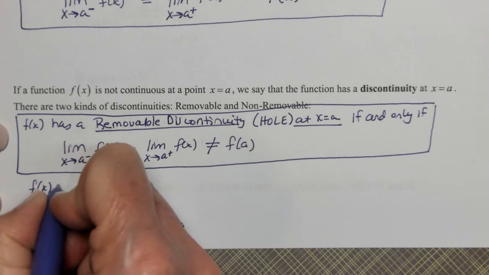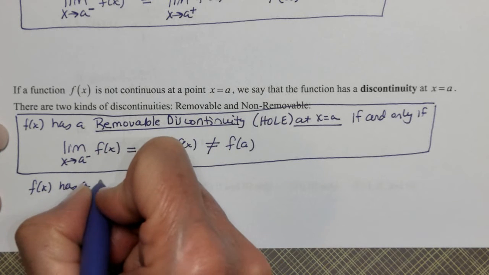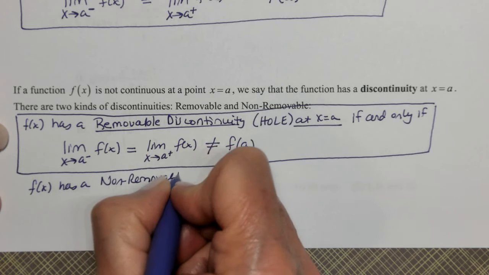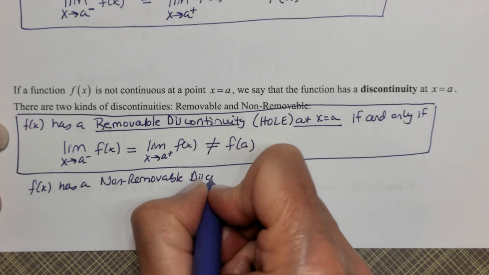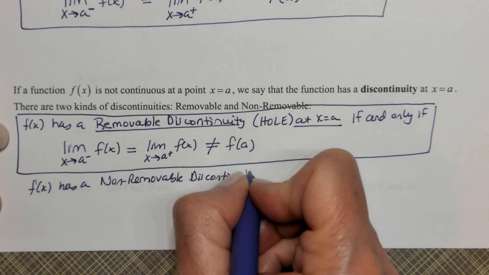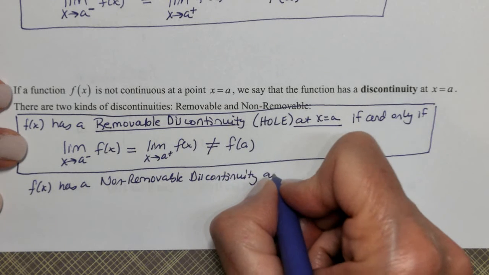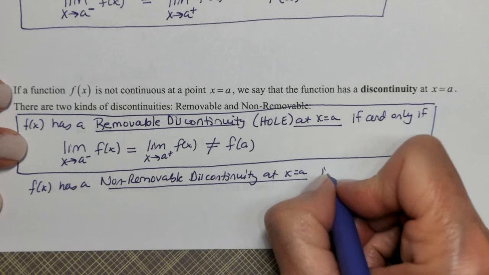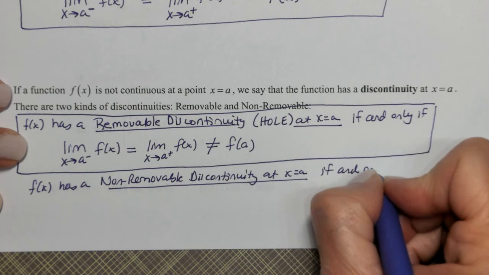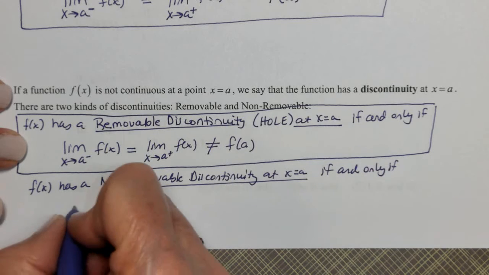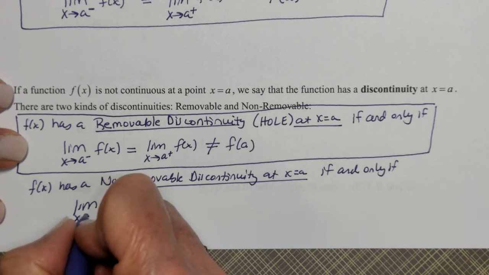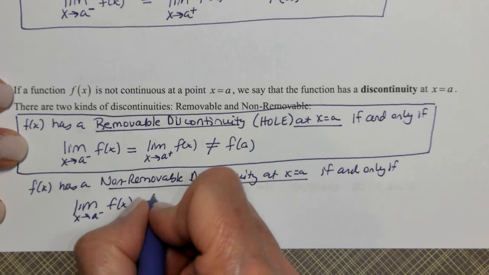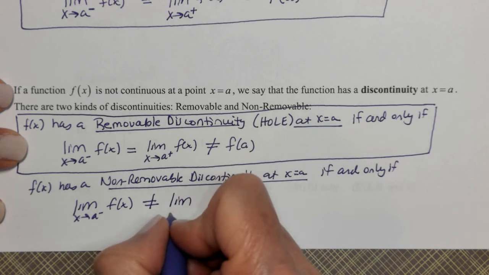So f of x has a non-removable discontinuity at x is equal to a if and only if the limit from the left of a of f of x is not equal to the limit from the right.